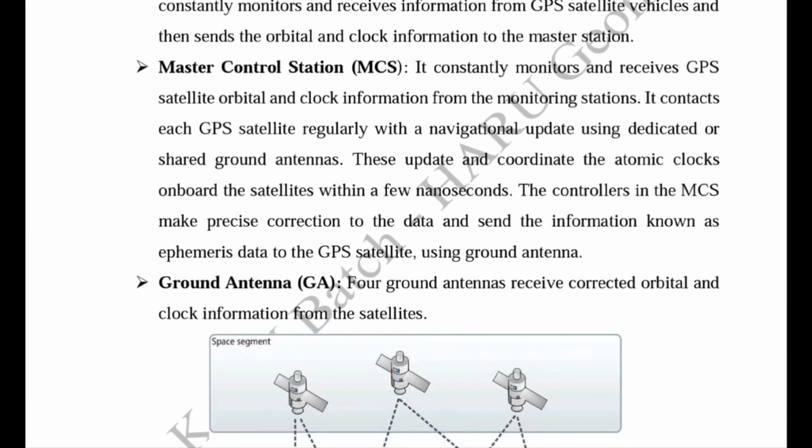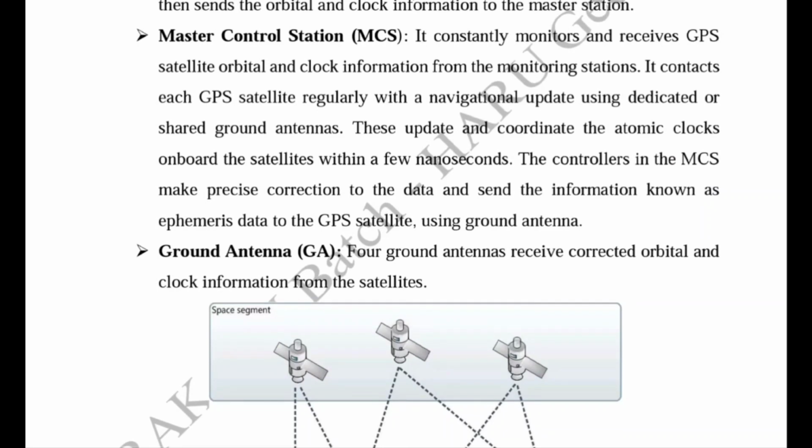The coordinate information and the time information of the satellites, we can say the atomic clocks used for the satellites, have accuracy up to nanoseconds. If there is any variation, it is corrected, or we can find out the coordinates of the satellites on the basis of variation. This variation has to be transmitted to the receivers for accurate position.